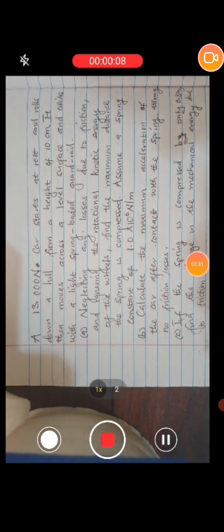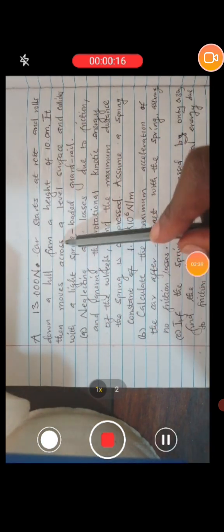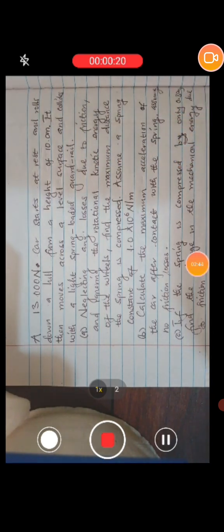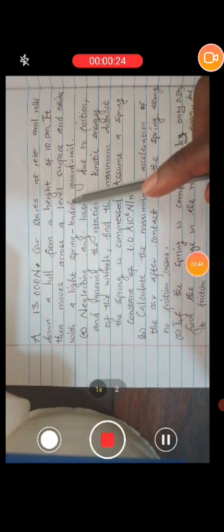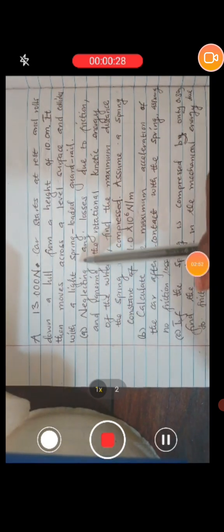Okay, so here is the question. A 3,000 kg car starts at rest and rolls down a hill from a height of 10 meters. It then moves across a level surface and collides with a light spring-loaded guardrail.